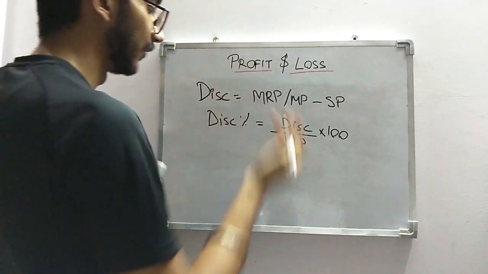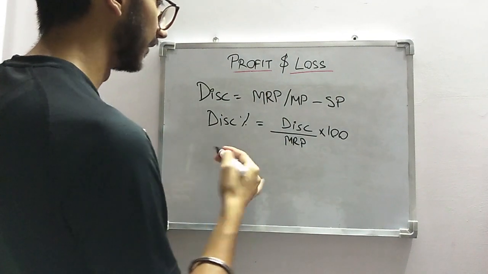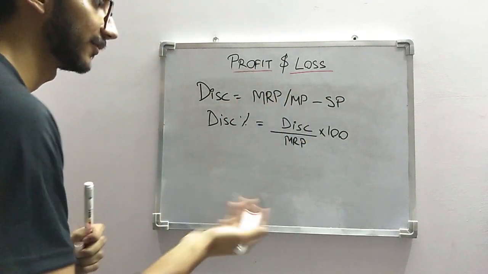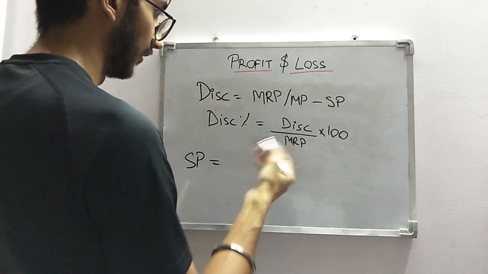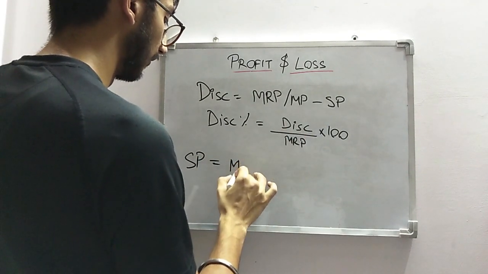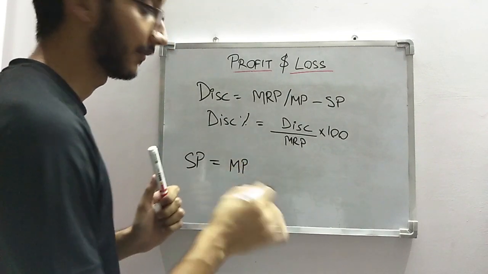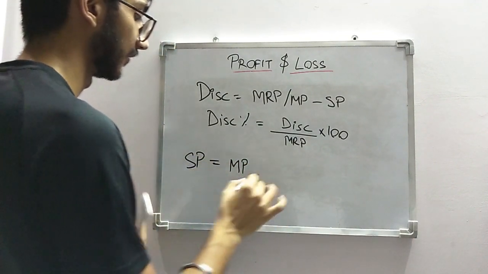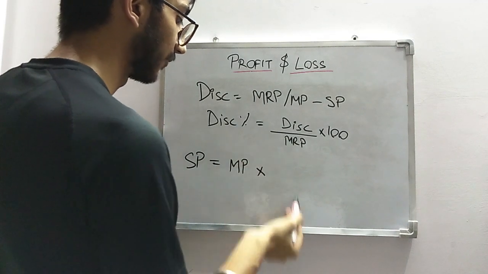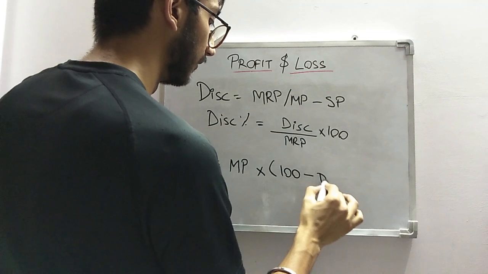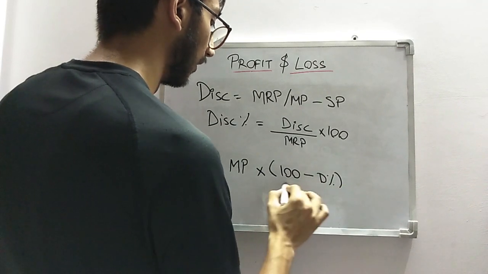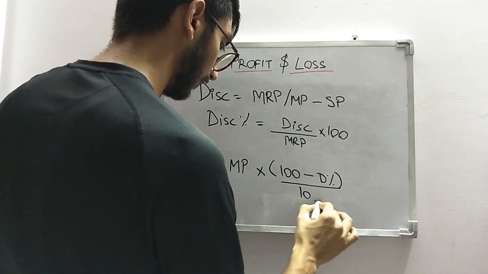If the question tells me that I need to calculate the selling price from the marked price, it's a different pattern. I will be given the marked price or the MRP in the question, and I need to calculate the selling price. So we'll do marked price into 100 minus the discount percentage upon 100.